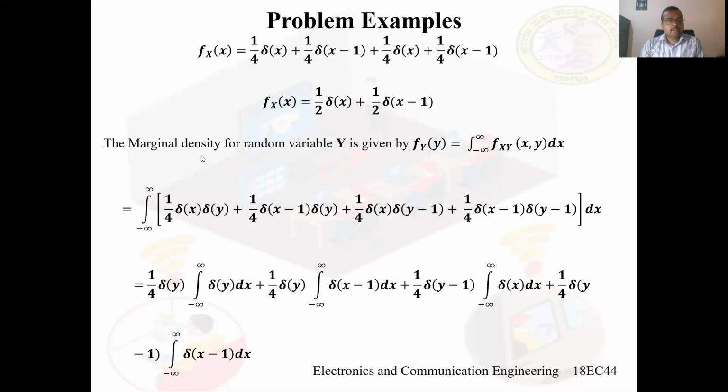Similarly, calculate the marginal density for the random variable Y. What is the formula for this one? f_Y(y) is equal to the integration from minus infinity to infinity of f_XY(x, y) dx.